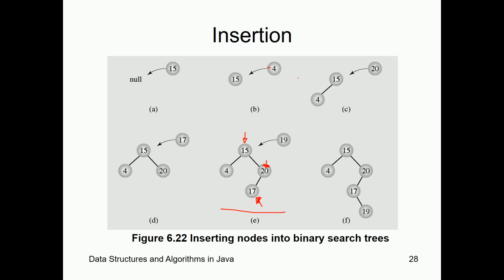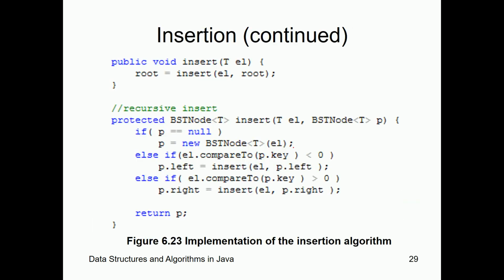What about 0? Same thing. 0 is just the main thing here. We don't care if the values are positive or negative. We just compare. If this value is smaller than the one in the key, we go to the left. If this value is bigger than the one in the key, we go to the right. So that's the main thing. If it's negative or 0, it doesn't hurt.